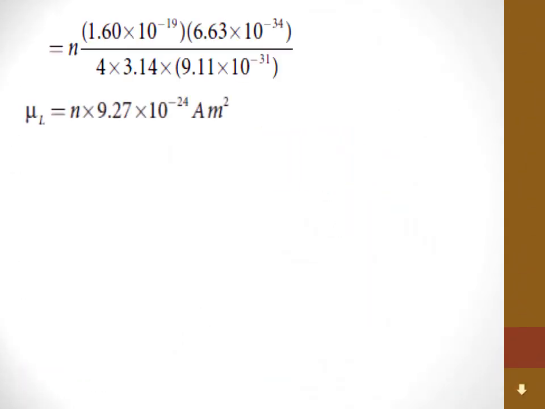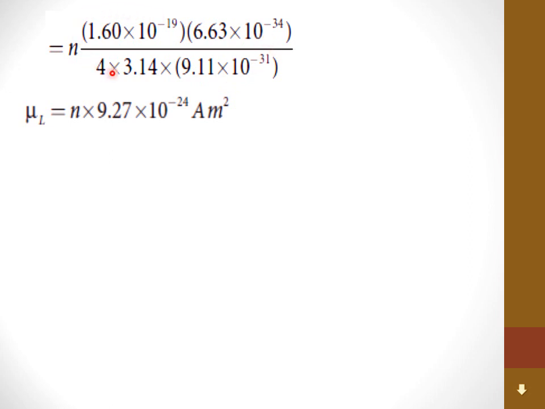Further, substituting the h value, m value and the pi value, you get n into 1.60 into 10 to the power minus 19, and the h value, Planck's constant, 6.63 into 10 to the power minus 34, divided by pi value 3.14, and mass of electron 9.11 into 10 to the power minus 31.